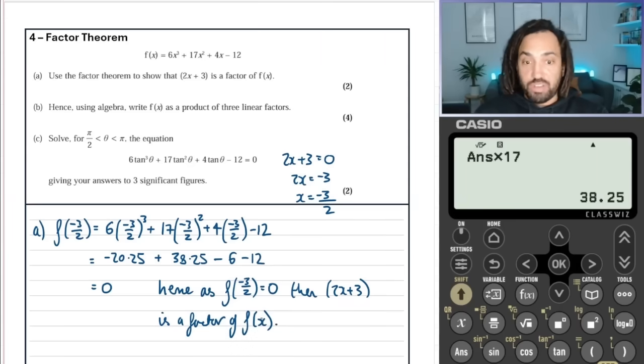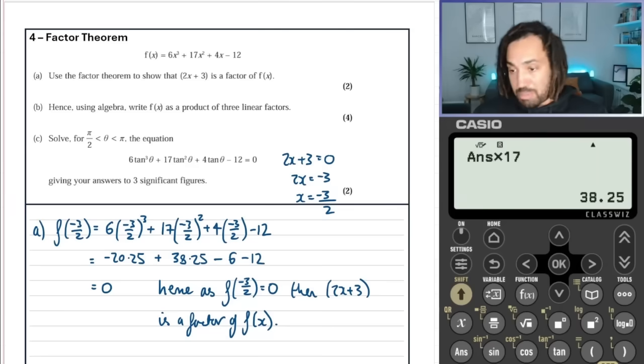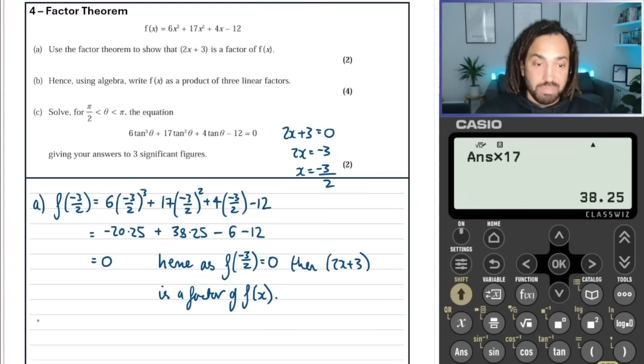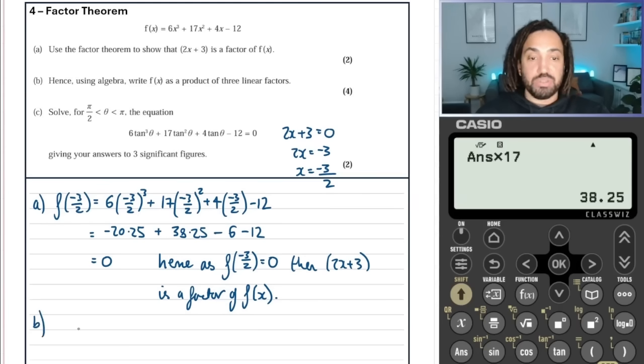No, a factor of f of x. Okay, so maybe I'm being a bit pernickety here, but I do not want you to lose this mark because it's such an easy mark. And I see students lose these marks because they don't write a conclusion, and also you just want to evaluate a few of the terms because it is a show that question after all.